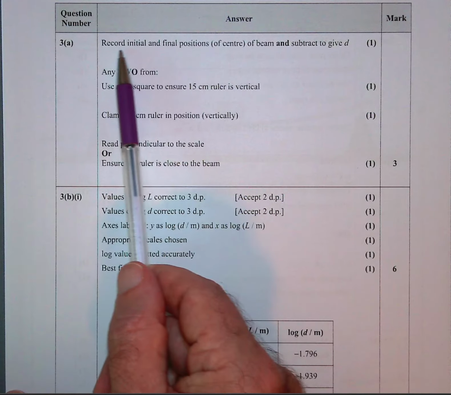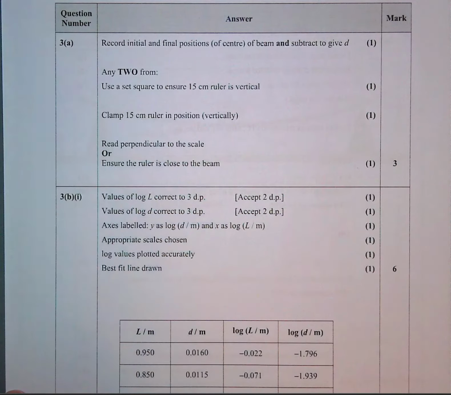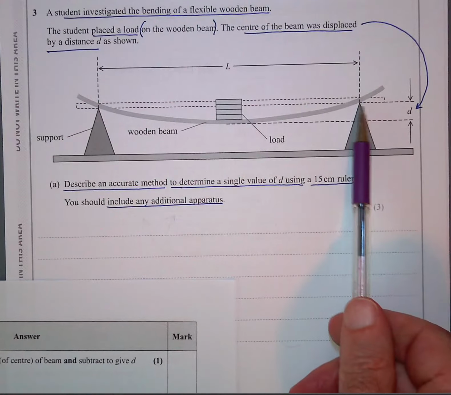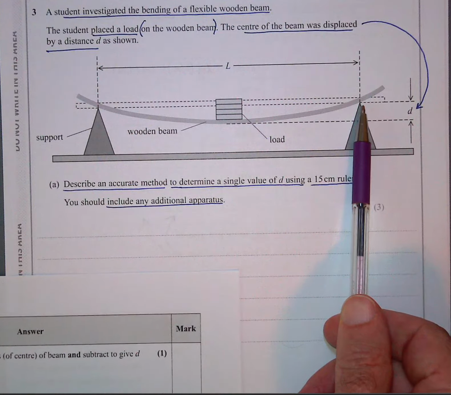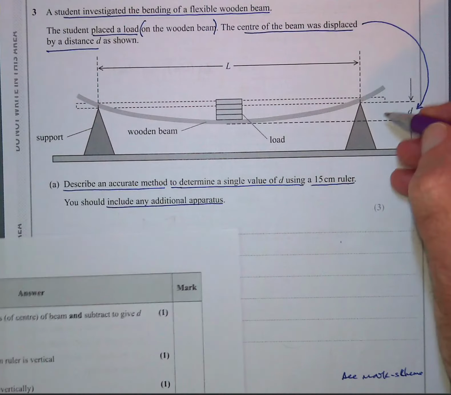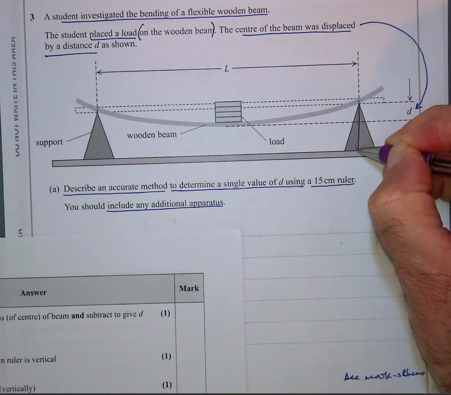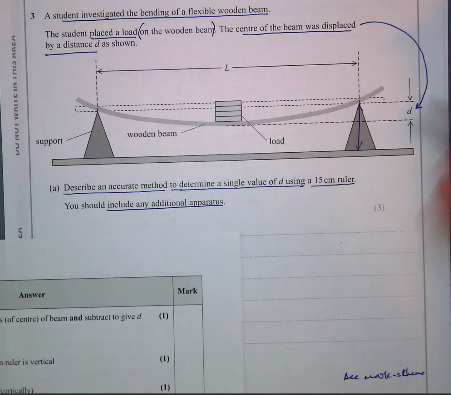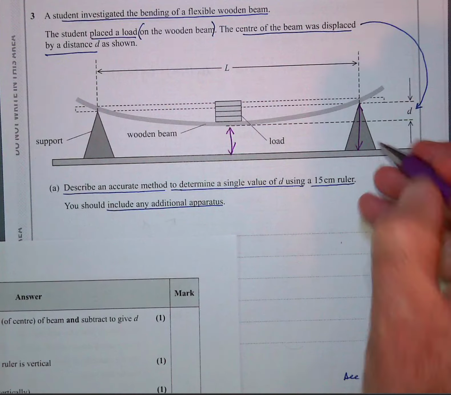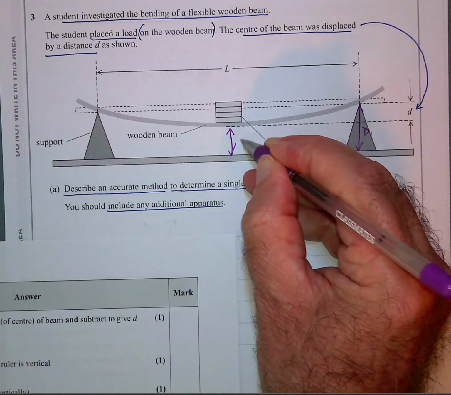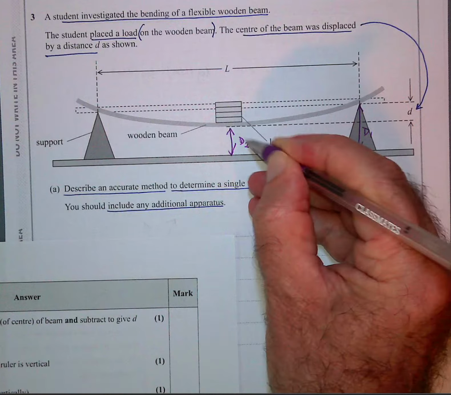Obviously the initial position of the beam is going to be the same here. So you could measure this distance here, couldn't you? That's going to be fixed. And then at the end, you could also measure this distance. So say d1 and d2, depending on the load.